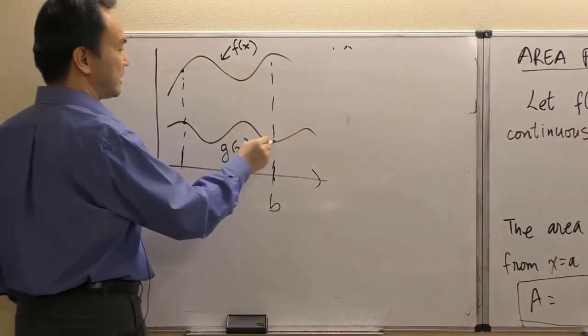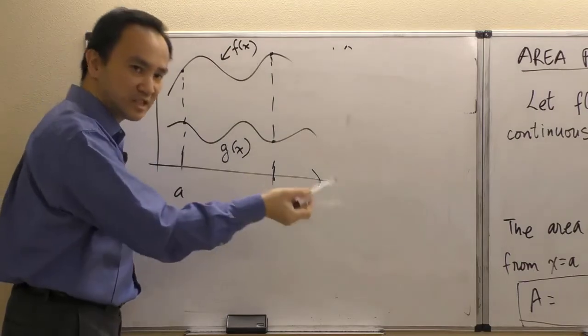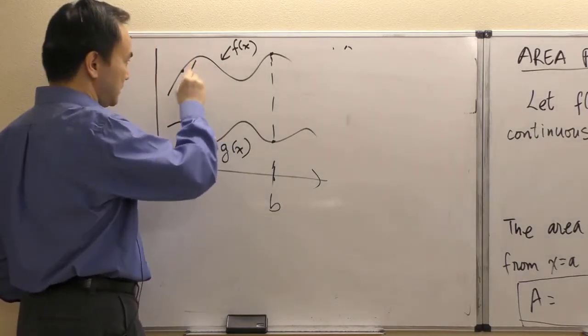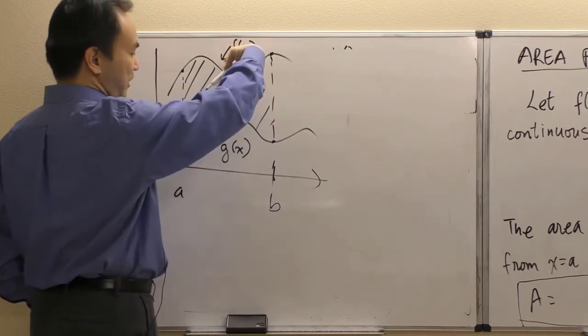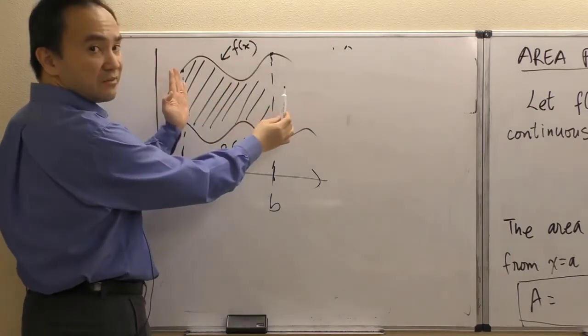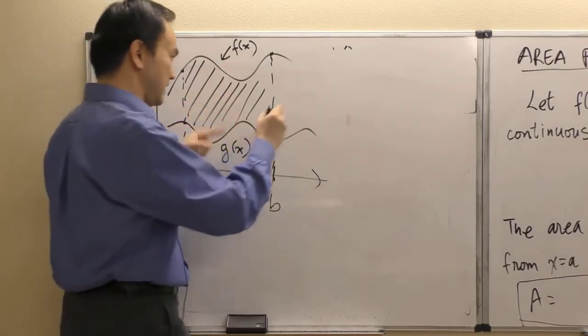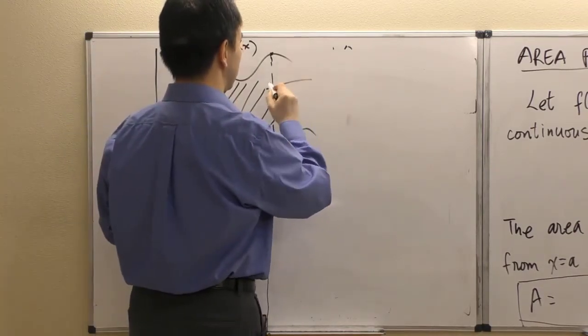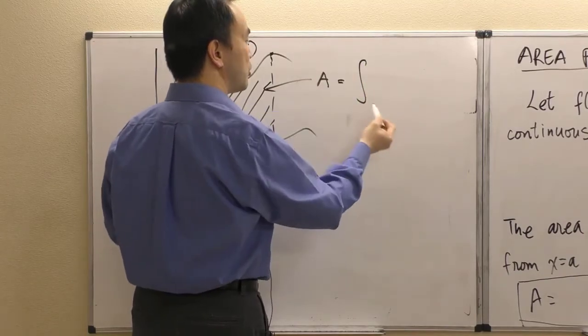Once we know all of those requirements are satisfied, see this area being shaded between the upper function and the lower function, inside of that interval from a to b. That's the area we want to find. We call that area A. That area can be found by taking the accumulation of all the stripes.